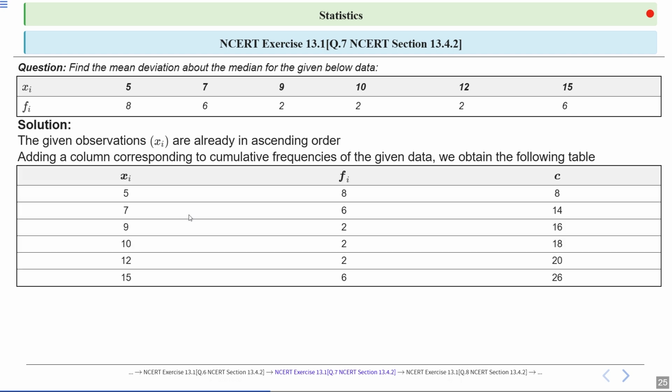In the first column we have the values of xi, in the second column their corresponding frequencies, and in the third column the cumulative frequencies.